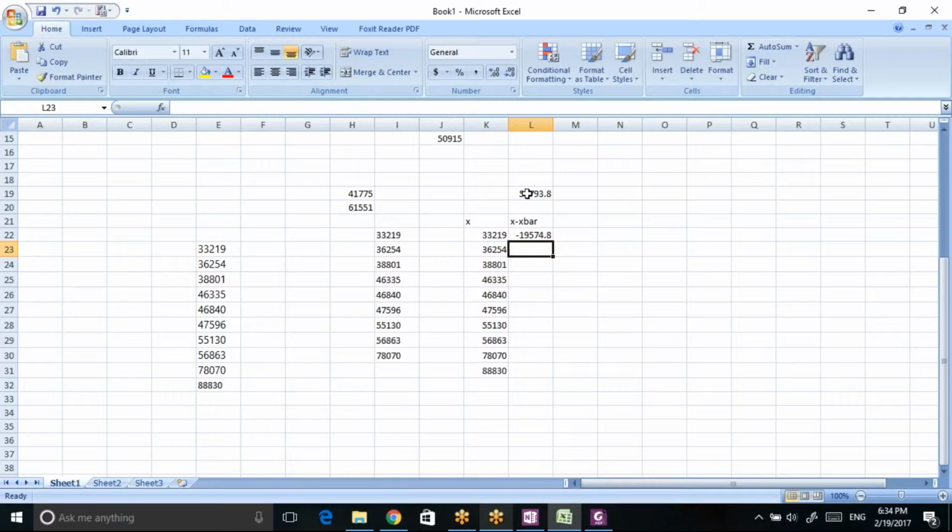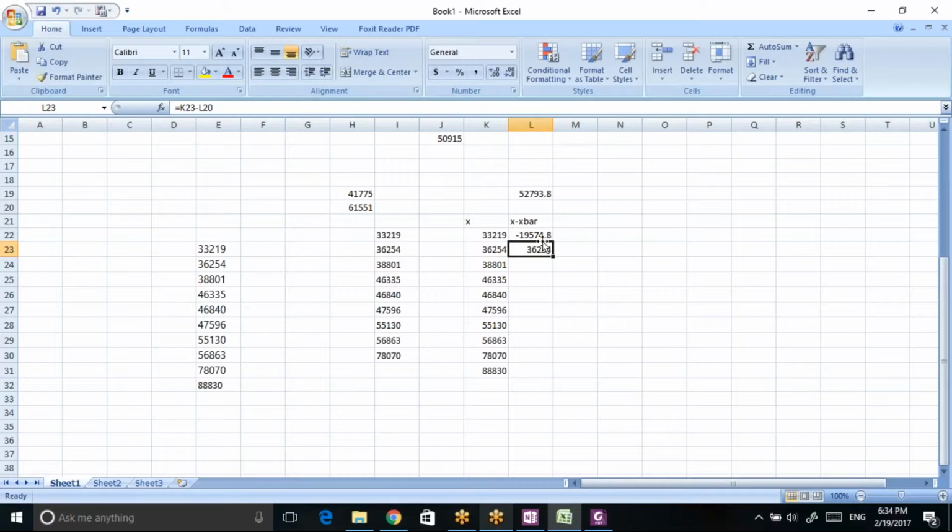Similarly, you have to do it for each and every value, but the shortcut is you can drag it like this. But if you drag it, let's see what will happen. It won't give you any difference. Why? Because the formula here is K22 minus L19, but if I drag it, it becomes L20 now, which is empty.